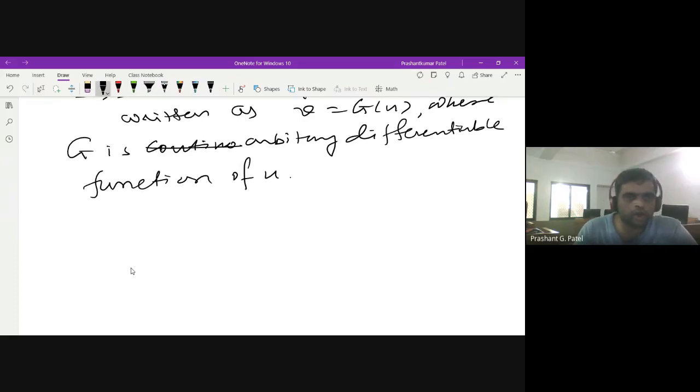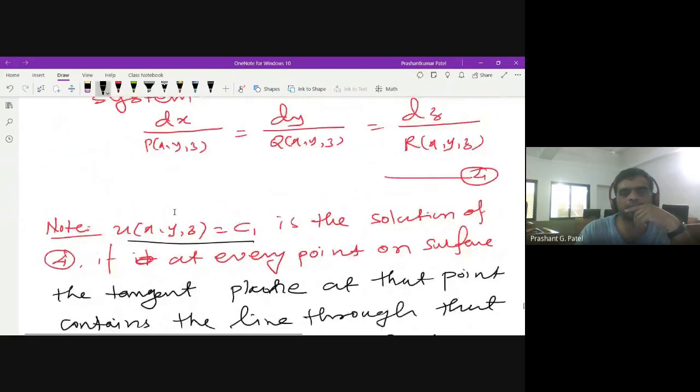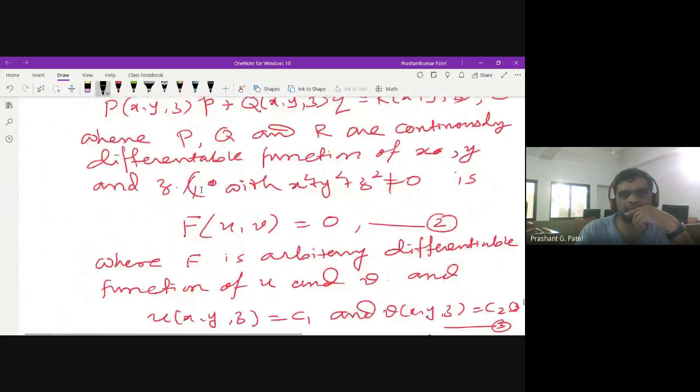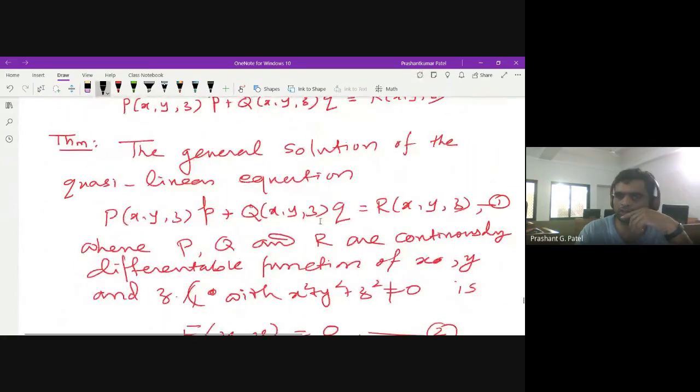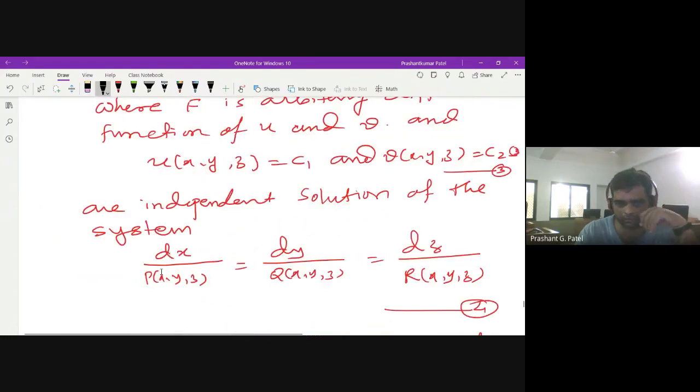Okay, now let us talk about the proof for this statement that we have written. What we have understood from this discussion is that this quasi-linear equation will have this type of solution f of u, v. And how will you get this u and v? By solving this system of ordinary differential equations.